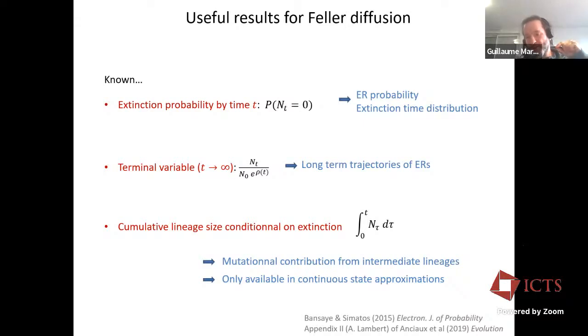That's very important when you deal with intermediate lineages, because when you do a spring-born mutant, this mutant has a stochastic fate over time, and the distribution of its cumulative size tells you how many mutants this guy is producing.